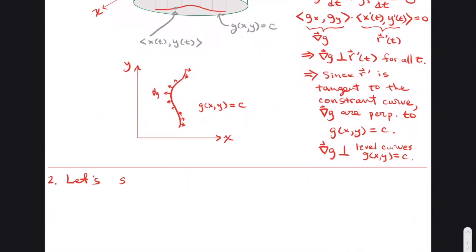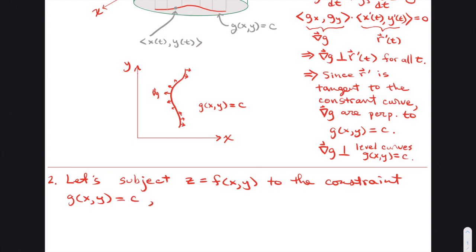Let's subject z, which is our function of x and y, to the constraint g of x y equals c, which is parameterized by r of t, which has components x of t and y of t.